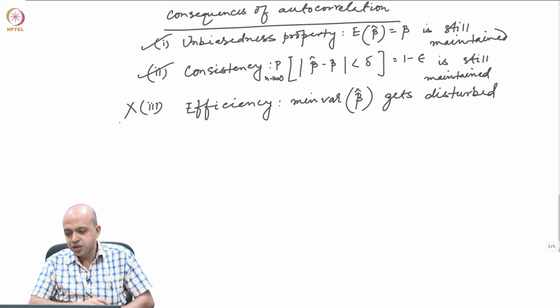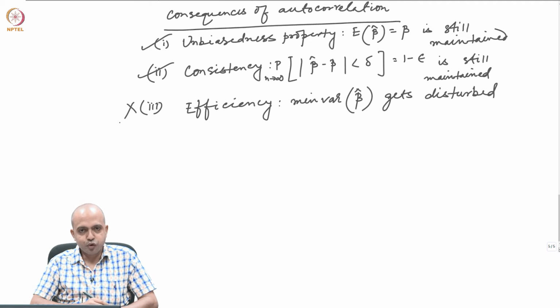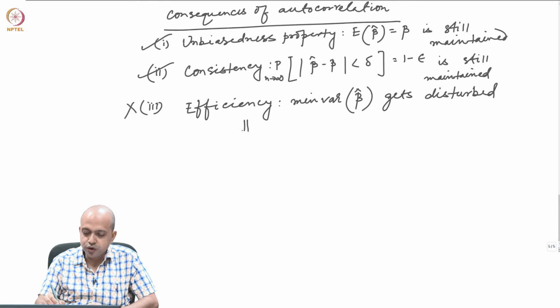And when the efficiency, that means the minimum variance property, gets disturbed, your major problem would be in hypothesis testing.